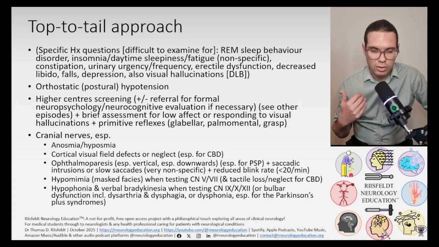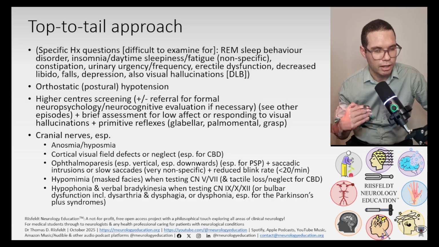You'll notice this in your daily practice if you're just doing ophthalmoparesis examinations on a geriatrics ward. It's really, really common that as we get older, our up gaze decreases, and that is not necessarily pathological in its own right. It's very common and it doesn't mean much in isolation.